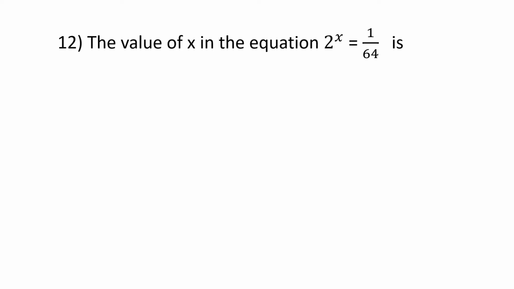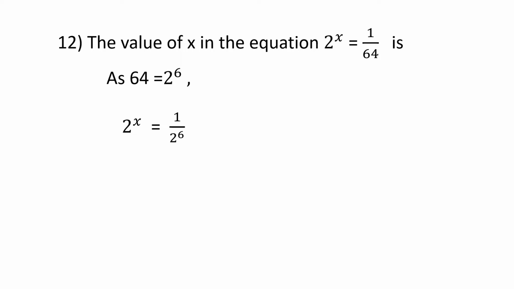Now the 12th question. It is an equation. The value of x in the equation 2^x is equal to 1 over 64. You know 64 is 2^6. So you can write the above equation as 2^x is equal to 1 over 2^6.